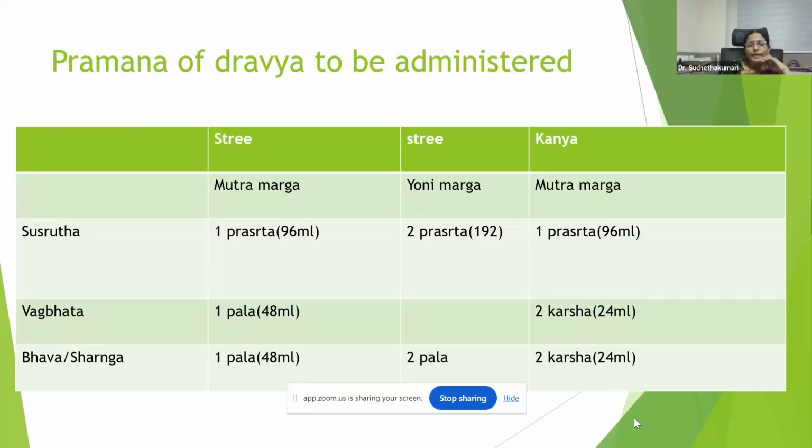Coming to the pramana to be administered. Here, a very huge quantity is told by all the acharyas. So it is 96 ml, and for Mutra Marga, Yoni Marga 192 ml. All this is told.